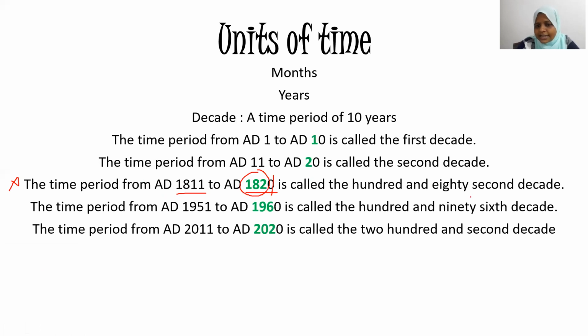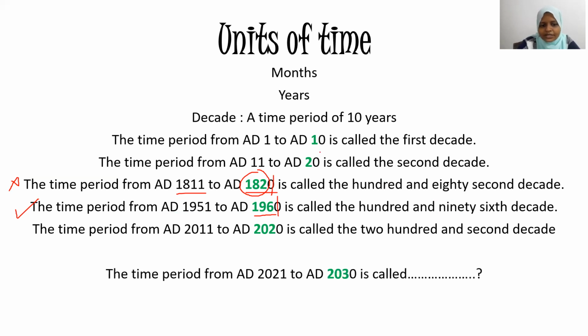The 182nd decade. The same applies here. Now, if they ask you what the decade is between 1951 to 1960, you cut the 0 here and take this 196, which is the 196th decade.